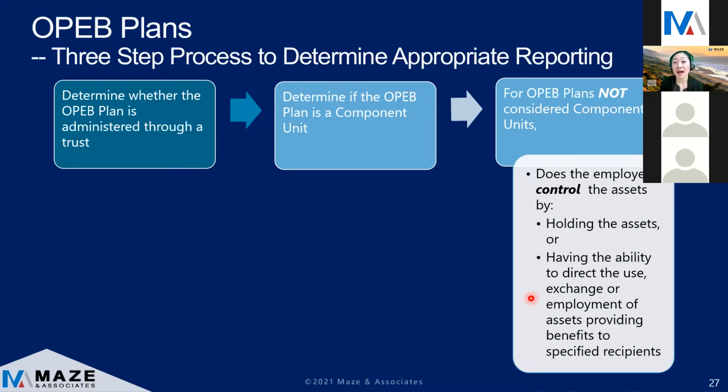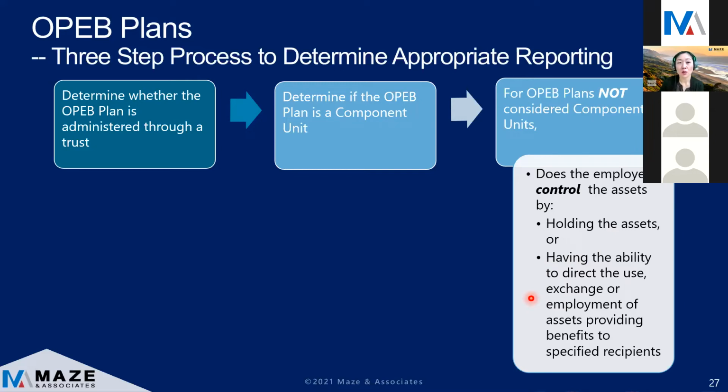What I was confused about with all these OPEB plans and pension plans, a couple of years ago when GASB 84 came out, was what a plan is. Actually, in this situation, if you don't have a trust, you don't have a plan.